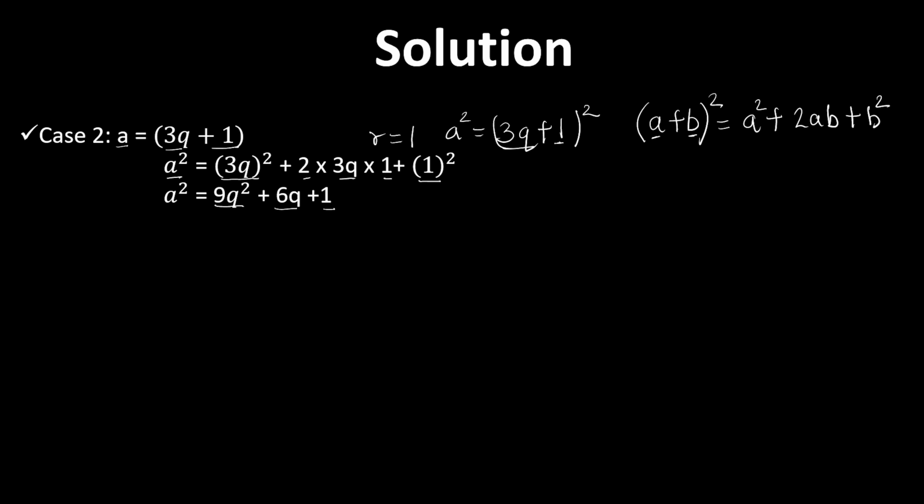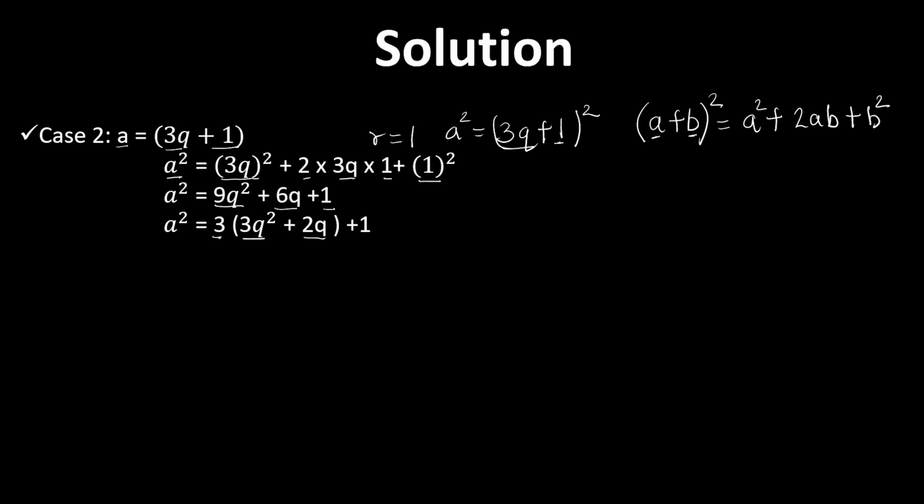Now, it is time for us to take 3 common. So we can take 3 common from the first two terms, 9q square plus 6q. This plus 1 will remain as it is. So we will be writing a square is equal to, taking 3 common from 9q square and 6q, we will write it down as 3 into 3q square plus 2q, plus 1.